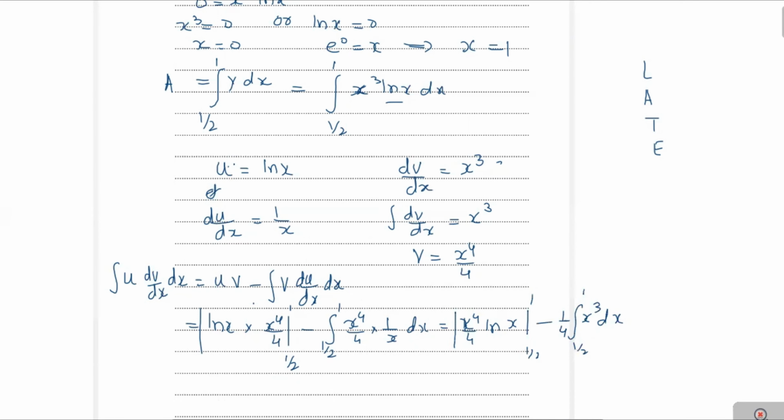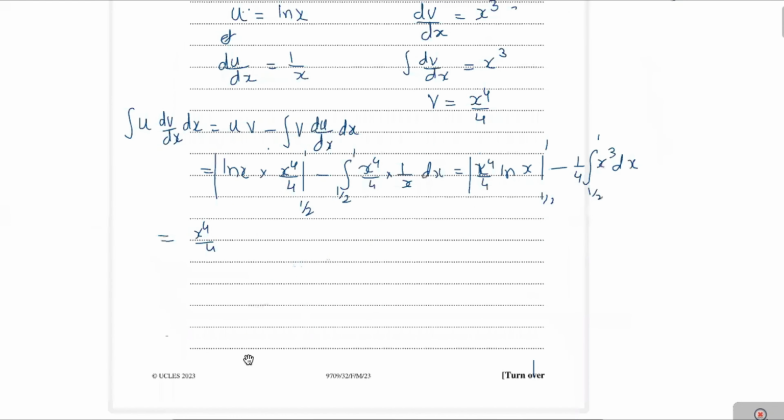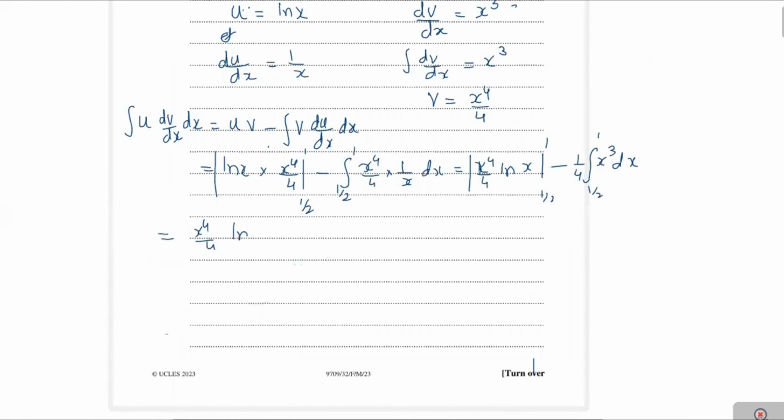Now we can write it as x power 4 over 4 ln x minus 1 over 4, and the integration of x cube will be x to the 4 over 4.